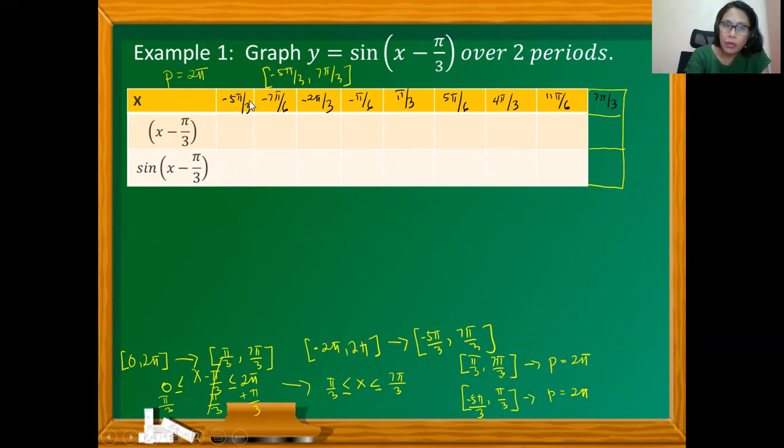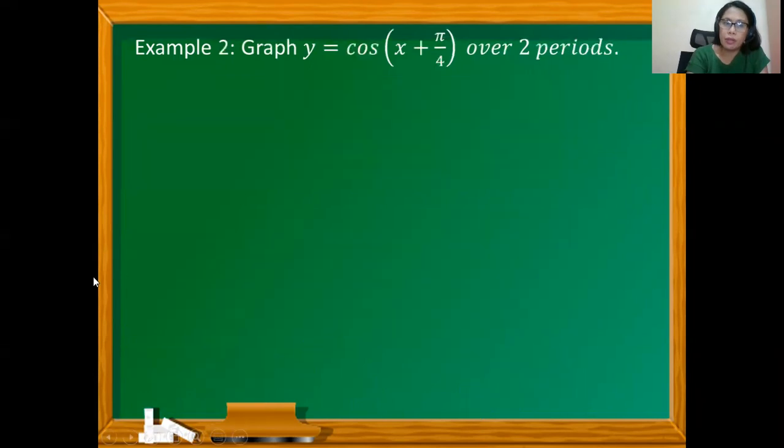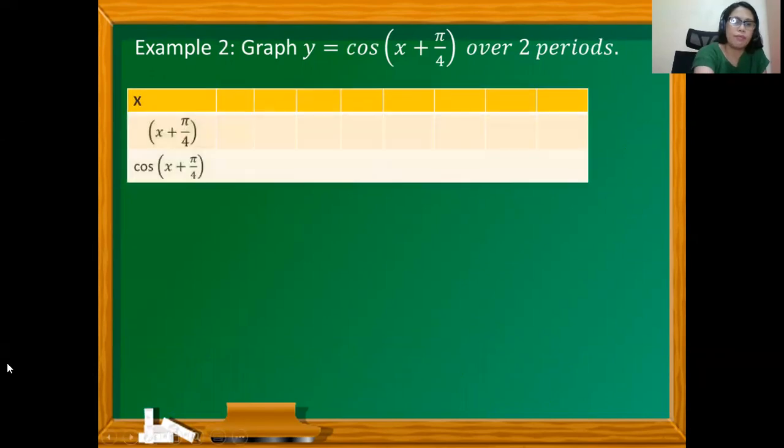So this is like negative 5 pi over 3 minus pi over 3, so we have negative 2 pi here. Negative 7 pi over 6 minus pi over 3, so this is negative 3 pi over 2. Negative 2 pi over 3 minus pi over 3, so we have negative pi here.